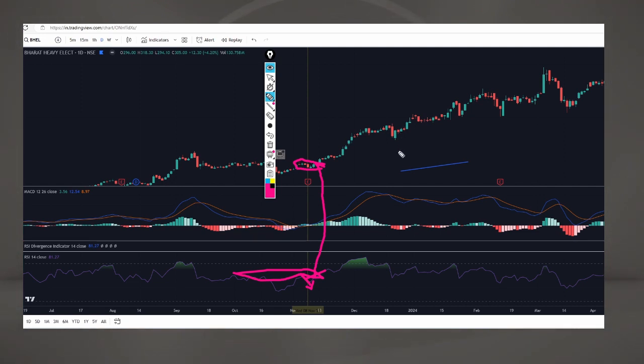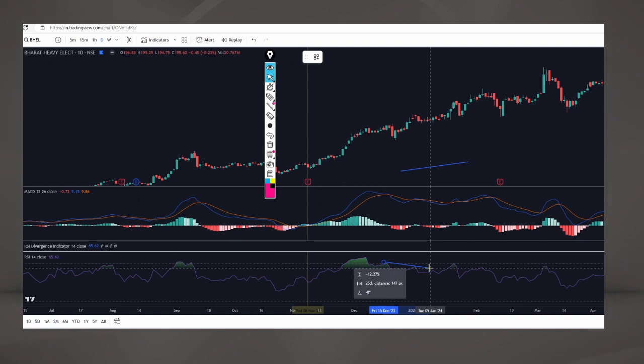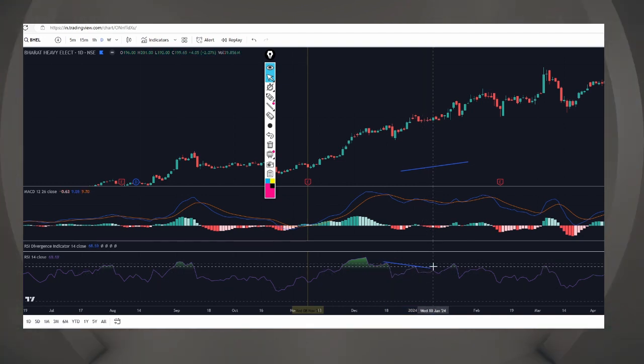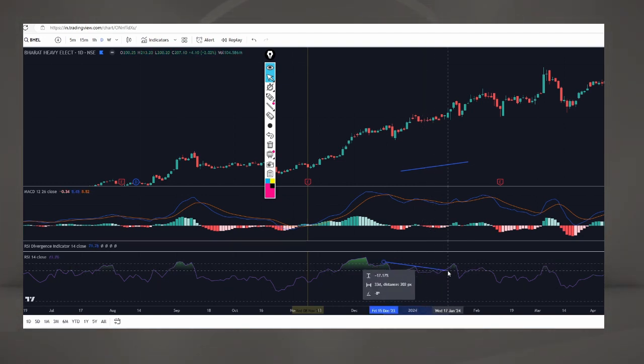So what happens there is, let's say there are two peaks formed here on RSI, right? And when it breaks above this peak, it's called a failure swing, right? It's a positive failure.